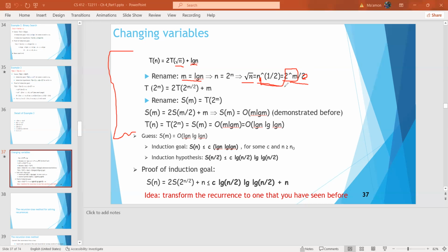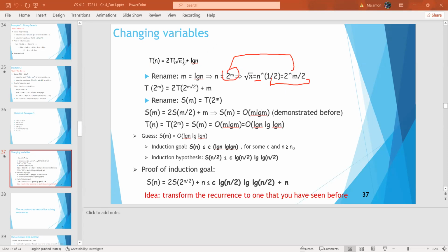This means the square root of n equals n to the power half, so we have substituted it by 2 to the power m over 2, which is half.